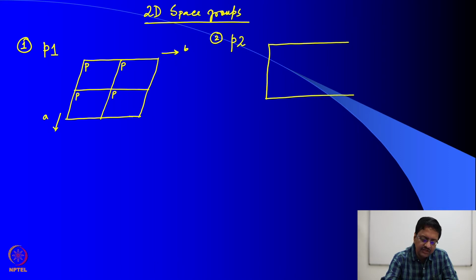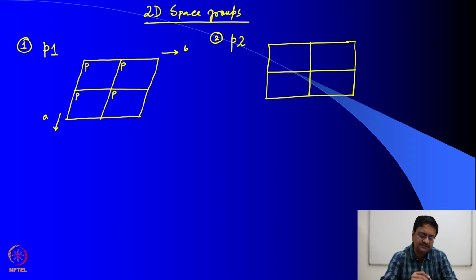So suppose I am drawing a rectangular lattice. I'll have it divided into parts. So these are 4 lattices. And suppose I have a letter P, which is translated as usual like this in both the directions, both along B and along A.